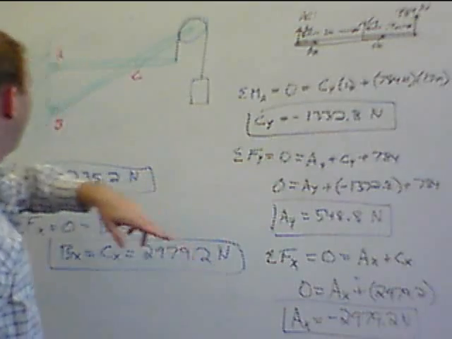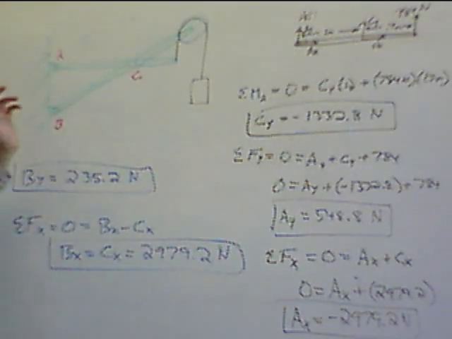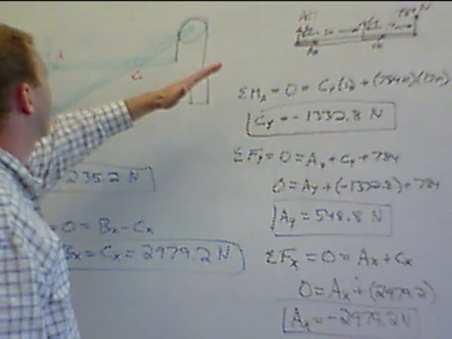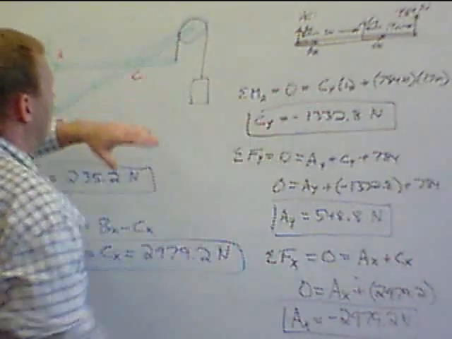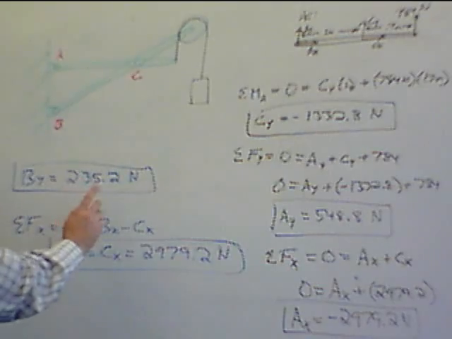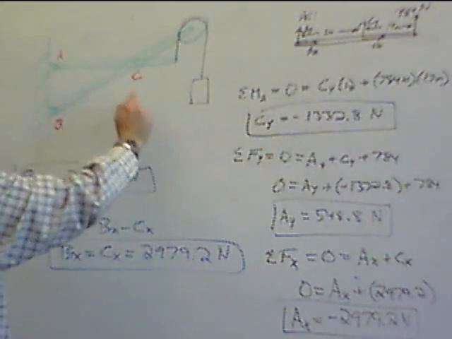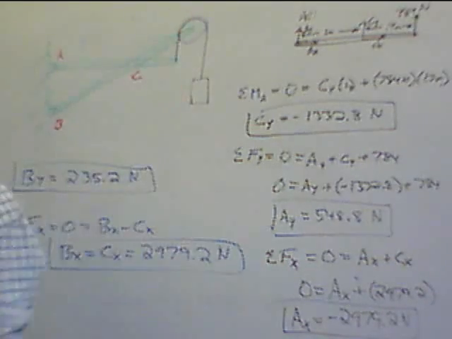As it turns out, it's pushing Cx. It is holding it to the right, okay? It is pushing in this direction, which makes sense considering this is trying to pull this direction. And it's also holding it up slightly with a 235.2 Newton force. So it's actually pushing up into the right on that one as well.